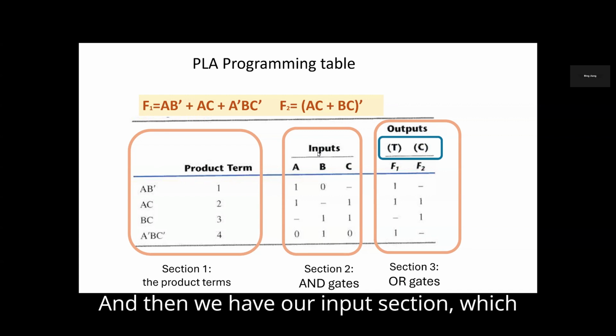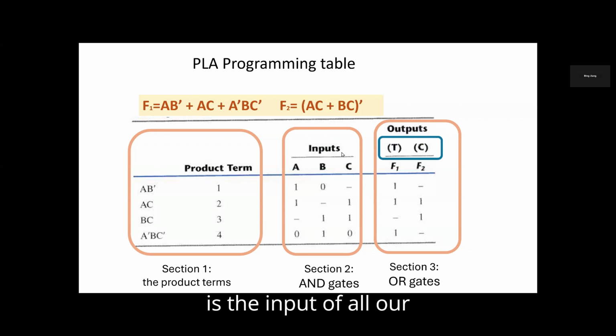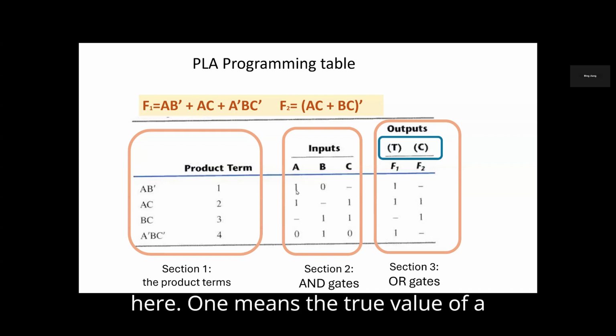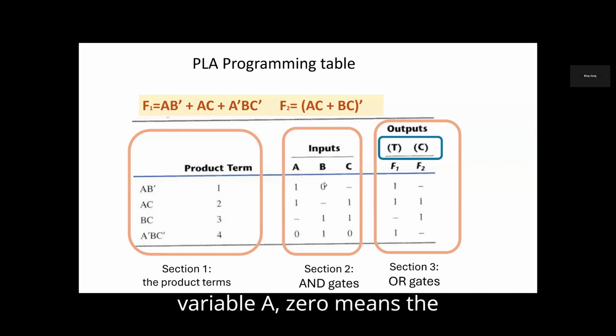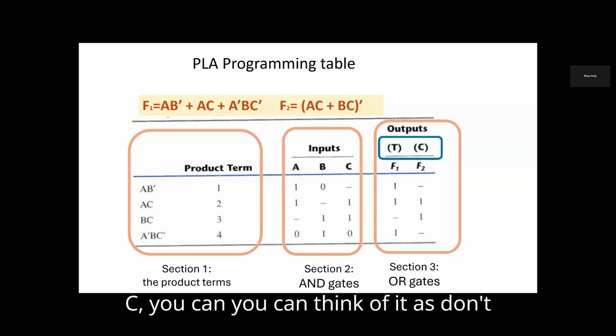And then we have an input section, which is the input of all our AND gates. So we have AB prime. Here, 1 means the true value of variable A. 0 means the complement or the prime of the variable B. And then a dash means there's no connection with C. So C, you can think of it as a don't care condition, or it doesn't matter.